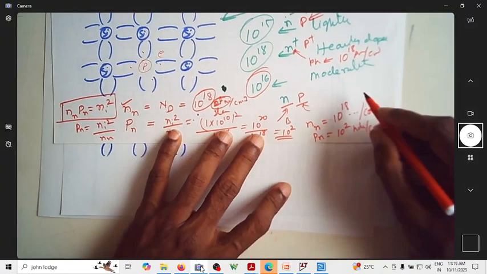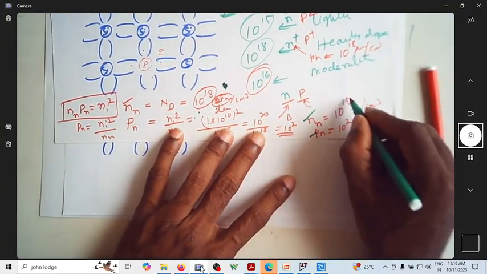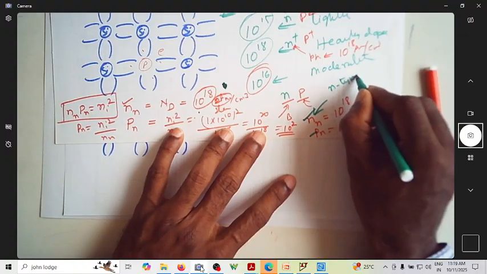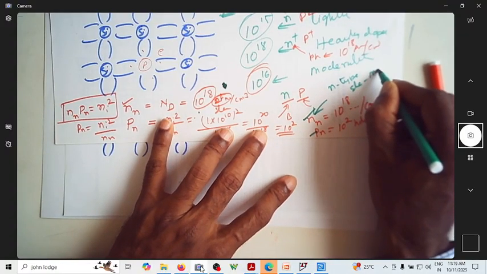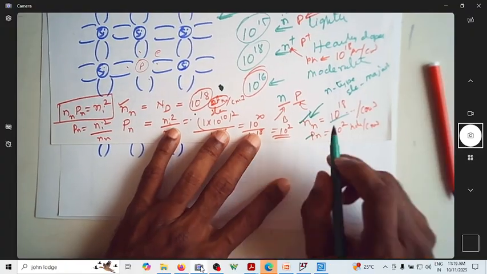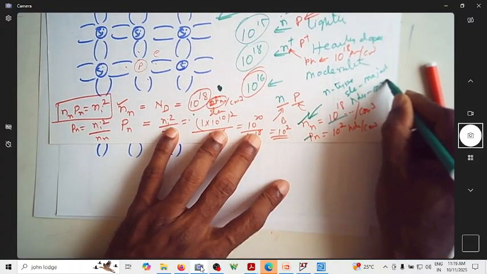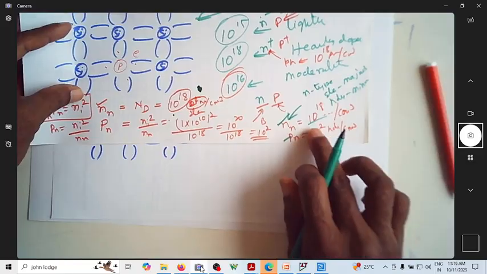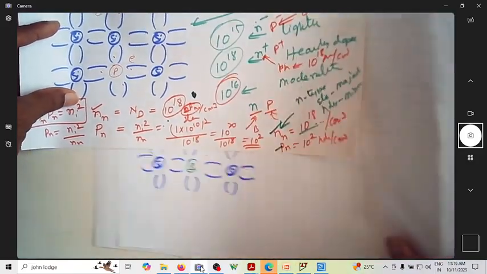So when this is huge compared to this, that's why this is called an n-type semiconductor. In n-type semiconductor, electrons are majority carriers, because you see the number 10 power 18, whereas holes are minority carriers. Why is it minority? Because their number is very, very less. This is how you can quantify the majority and minority carriers.